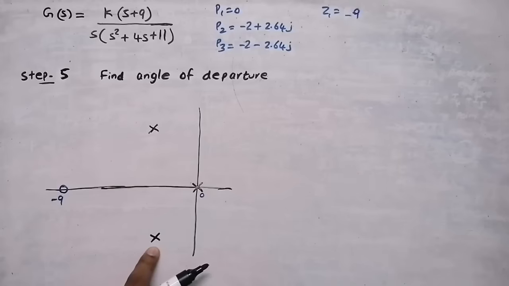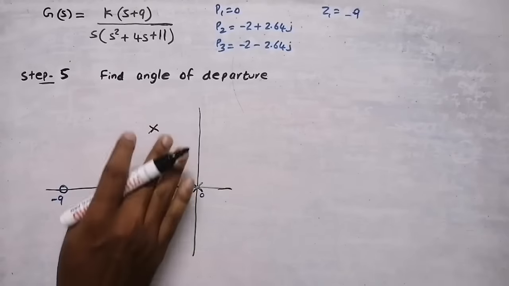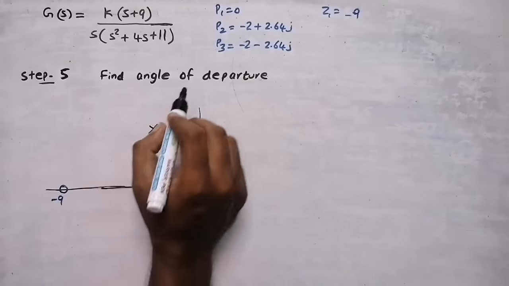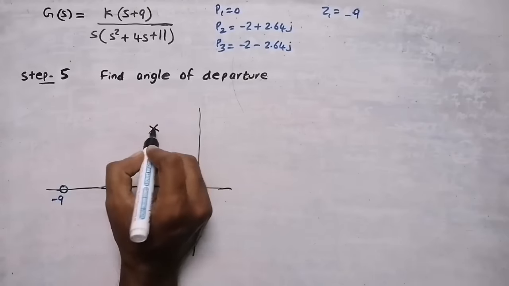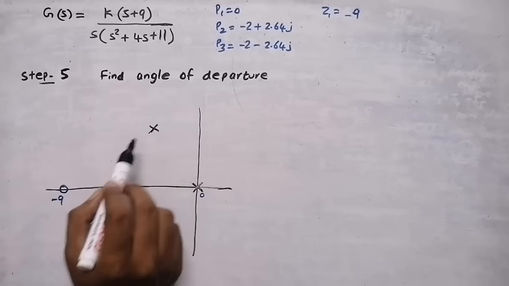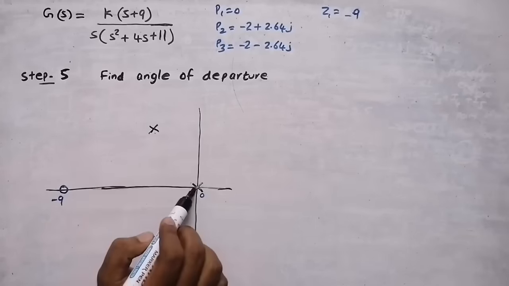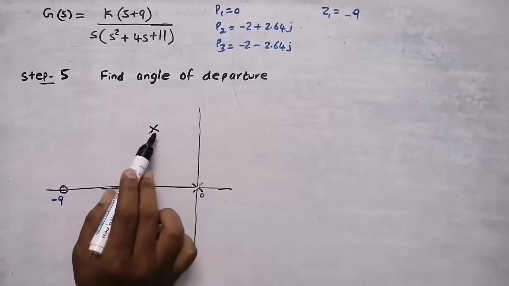Okay. So I'm going to take this complex pole, the positive one. For getting the angle of departure of this complex pole, find the angles this complex pole makes with the remaining poles and zeros. First of all, I draw a straight line to this pole.